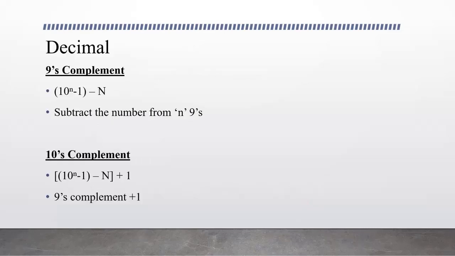For a decimal number, r is 10, so r minus 1 is 9. So we can find 9's complement and 10's complement for a decimal number. We find 9's complement by finding 10 power n minus 1 minus N. Suppose n is 2, then 10 power 2 is 100.